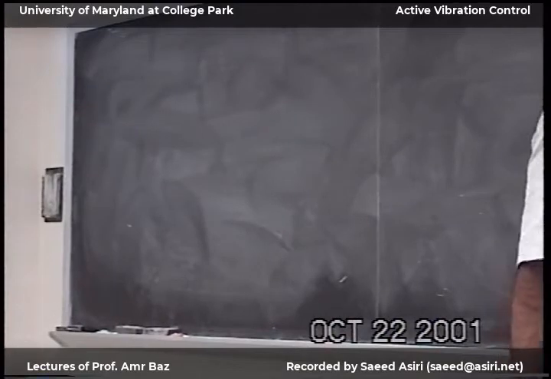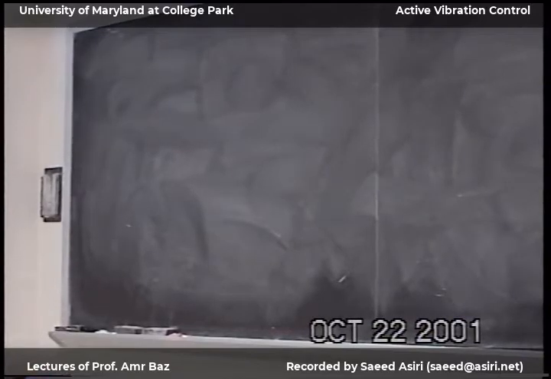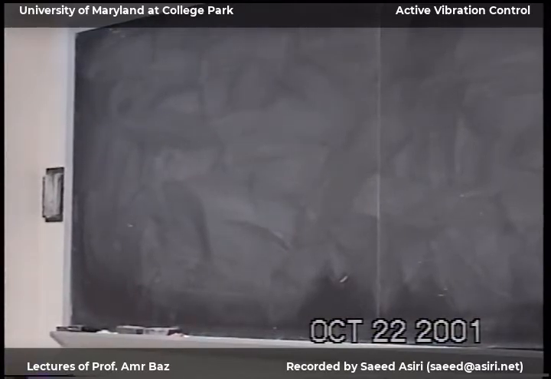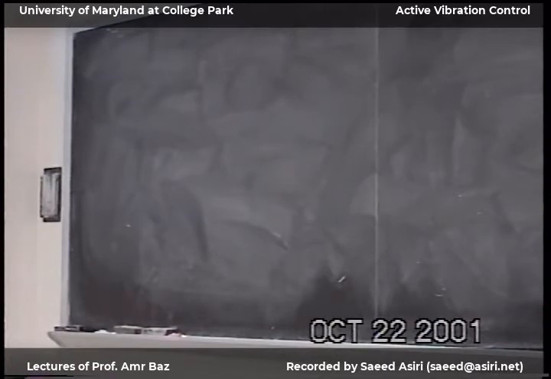And the H infinity is not like this norm where I integrate. It is a norm where I look at the maximum value and try to bring it down. Here I get the square of the transfer function or the response, and then integrate it over time to bring the entire integral down.